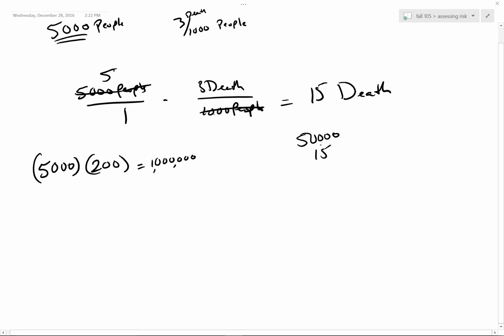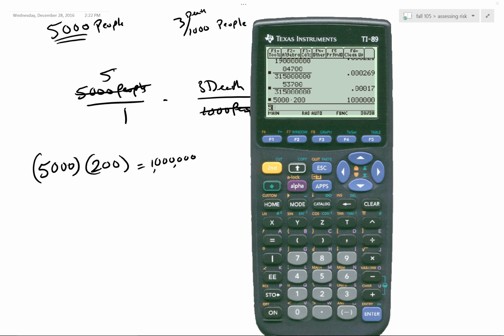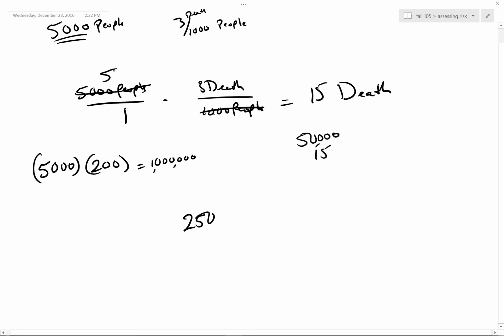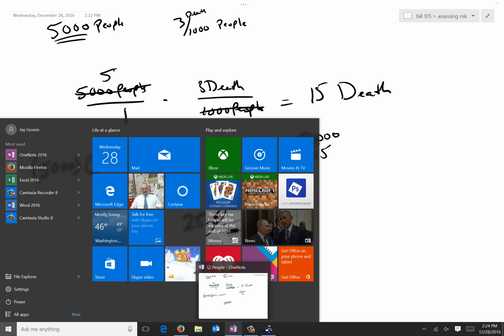So 50 grand times 15 is 750,000. If you do this minus this, the company should expect to make $250,000 that year. Okay, that's how that goes. Again, all based on expected values. That's why it's in this chapter, because it's all about probability.